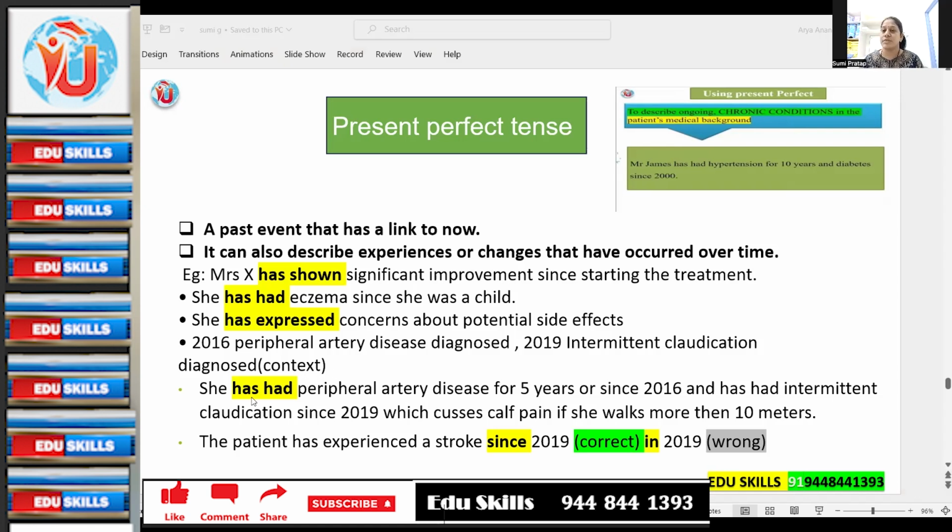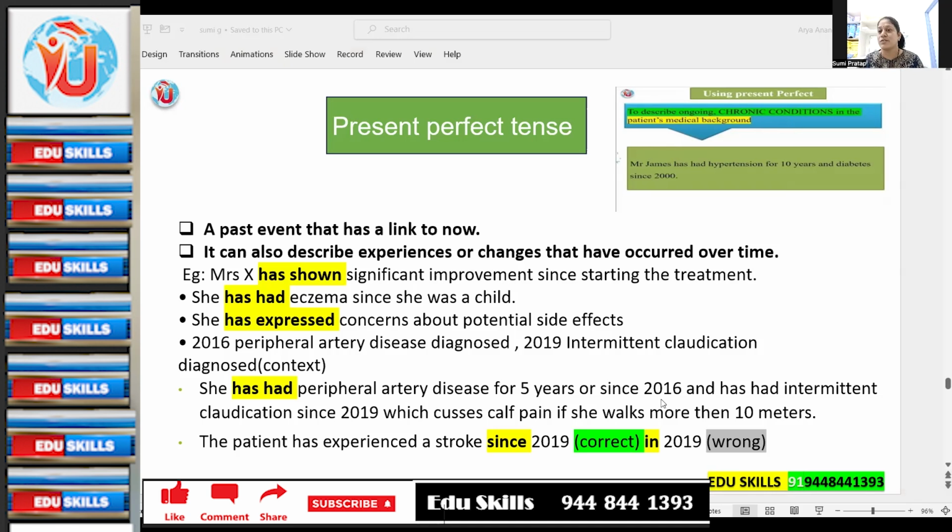She has had peripheral artery disease for 5 years. Already we have also taken that for 5 years, since 2016. The "for 5 years" is the duration of the period. We can use "for 5 years" for a particular length of time. Since 2016 is from that time onwards until now she is having it, that means a period of time.